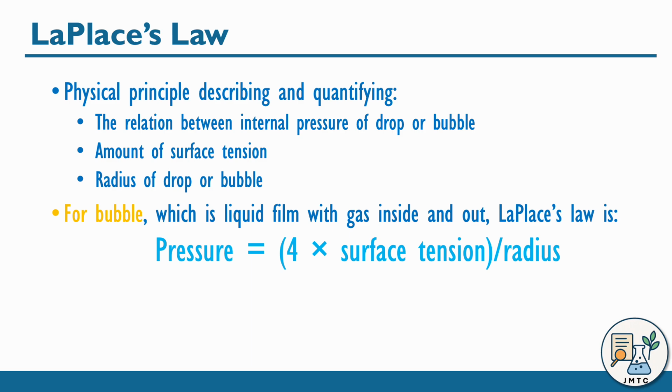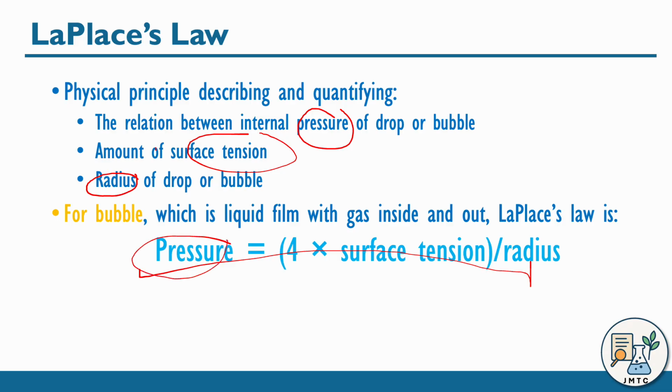So, Laplace law describes the relationship between three things: the pressure, the surface tension, and the radius. So, if you are familiar with the formula, makikita nyo yan. The pressure, the surface tension, and yung radius.